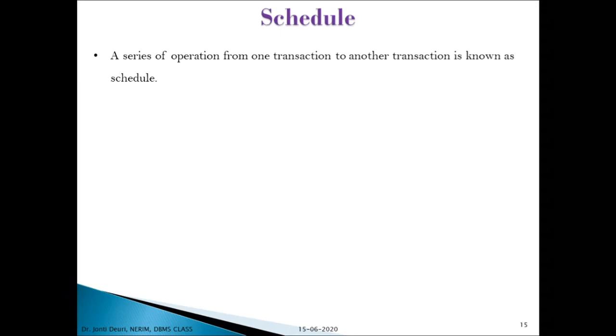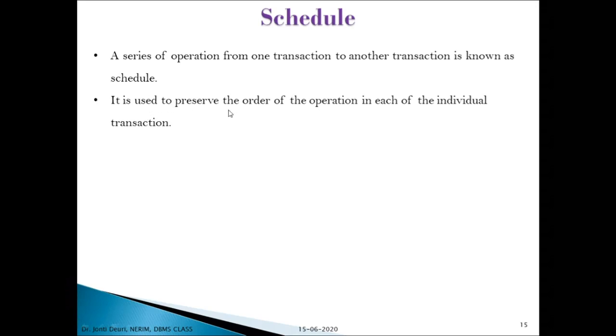When those operations are going on, the order in which each operation will be done should be shown. That whole series from one transaction to another is the schedule, and it is used to preserve the order of operations in each individual transaction.